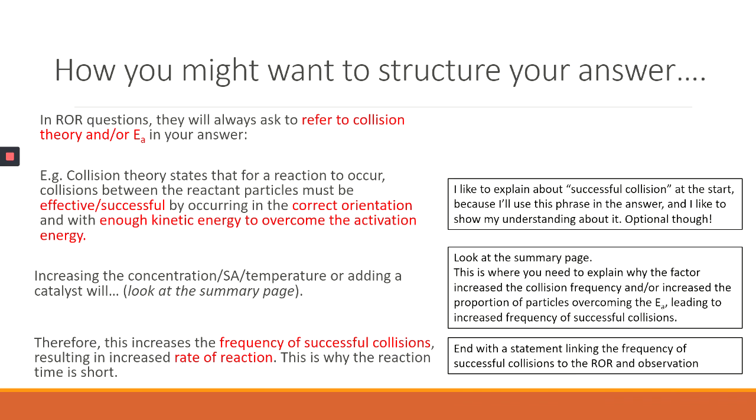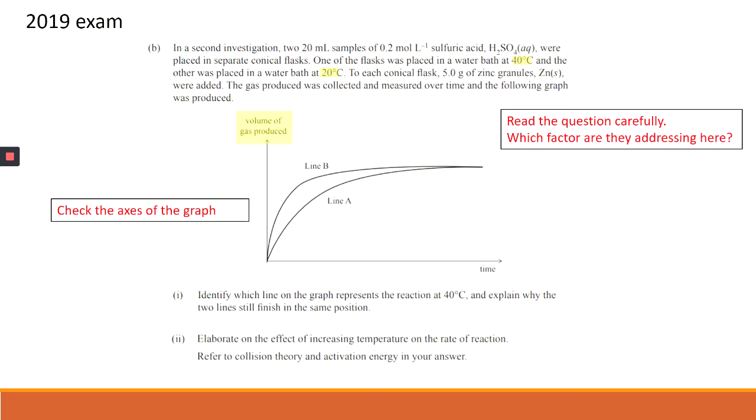If you find this helpful, you can use this structure for your answer. And I've picked a question from 2019. I think this is question 1B. And I've just highlighted the bits that you should really focus on. So always read the question carefully. Try to figure out which factor they're addressing.